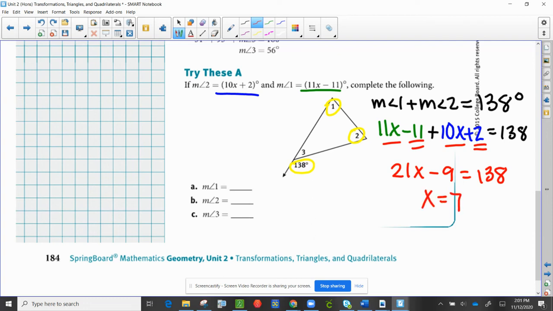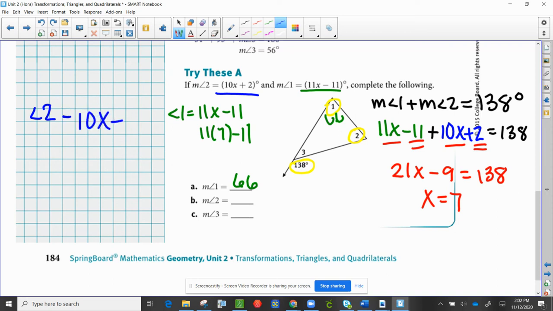Okay. So that means if x is 7, let's plug it in. So our measure of angle 1 was 11x minus 11. So 11 times 7 minus 11 should give us 66. Okay. Next, if I find angle 2, well, the measure of angle 2 was 10x plus 2.